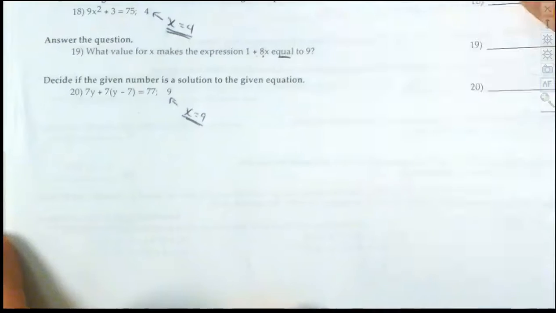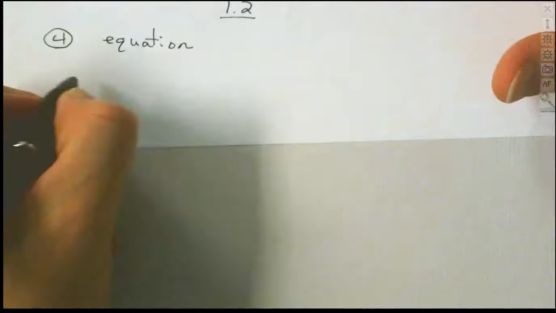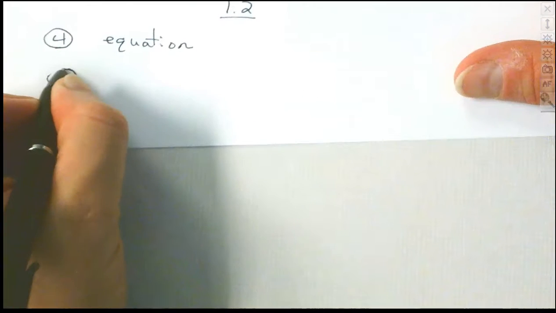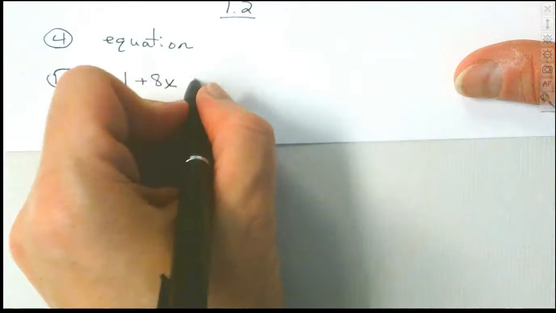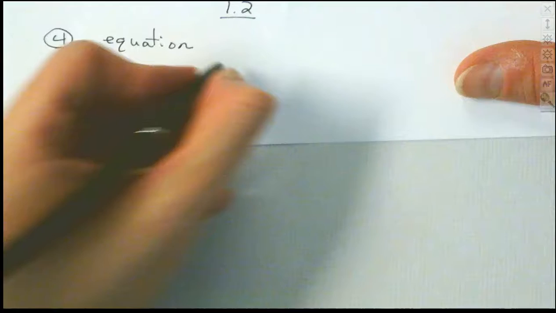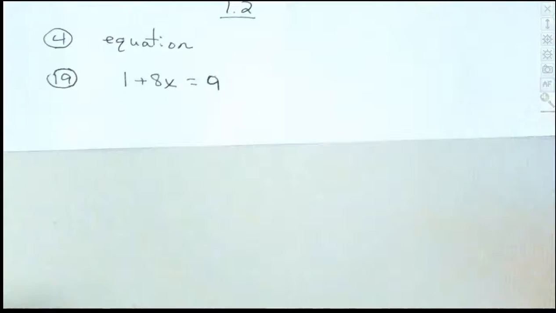So 1 plus 8x, we want to make sure that equals 9. So it's going to be an equation. 1 plus 8x. This is an expression here, but the minute we add on the equal sign, it becomes an equation. And that's going to equal then 9.